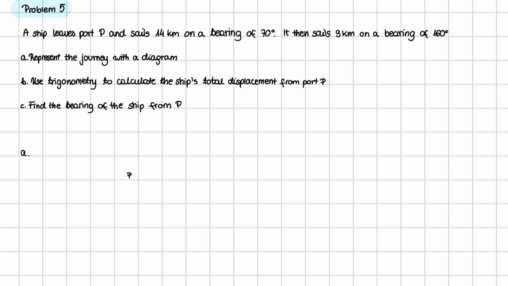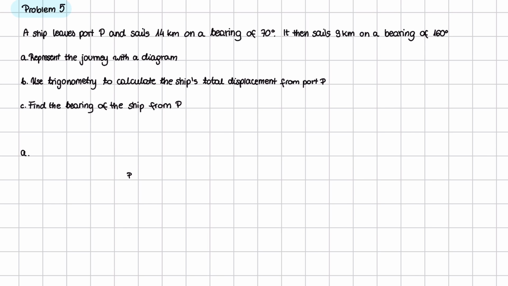So for example, in here we have port P, and our ship leaves port P and sails 14 kilometers on a bearing of 70 degrees. The most important information is that we have to draw a straight line on a bearing of 70 degrees.